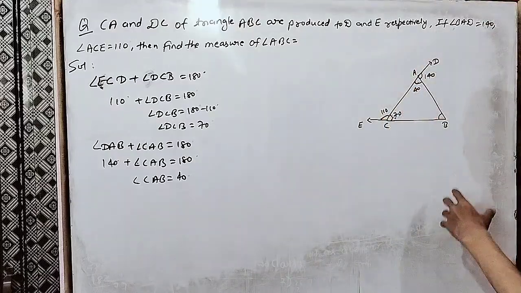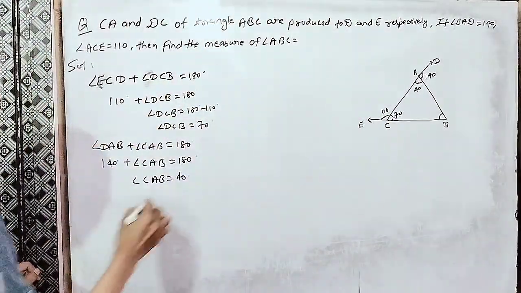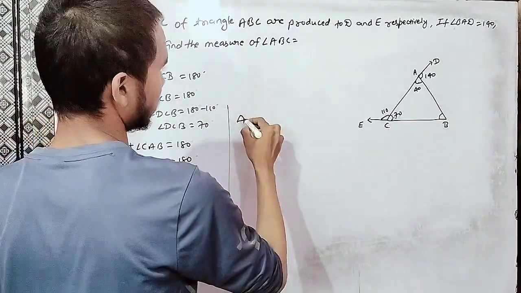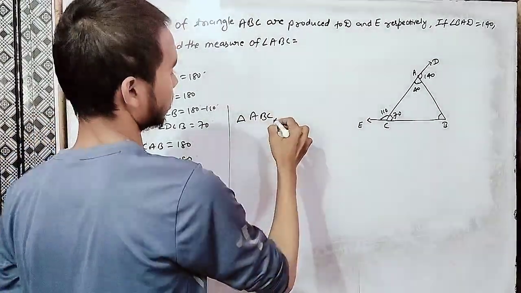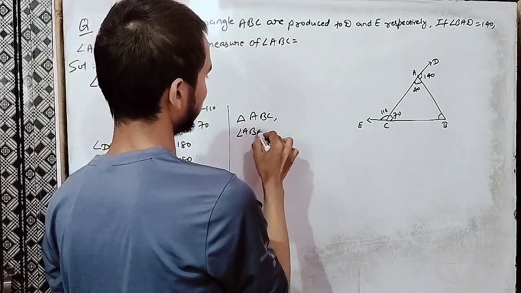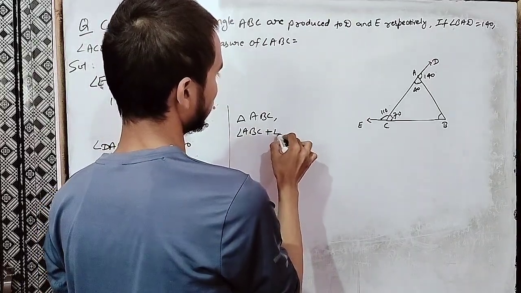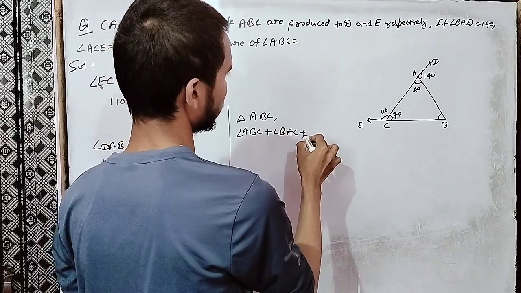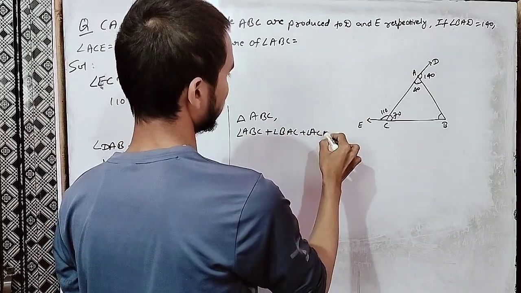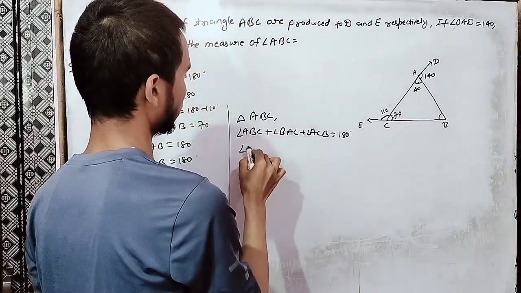Clear? Now we have a triangle, triangle ABC. We are going to find out ABC. The sum of BAC, ACB and ABC is 180 degrees. We don't know the value of this angle ABC.